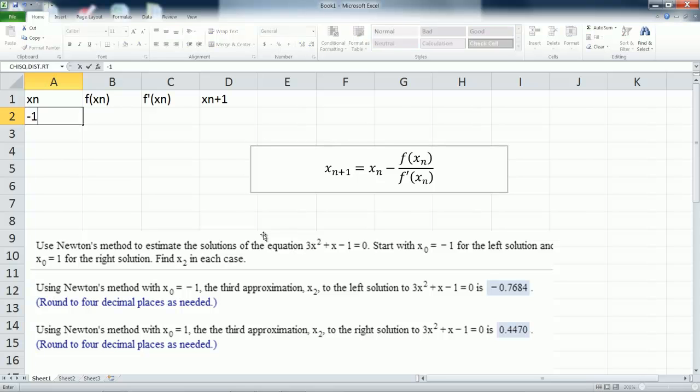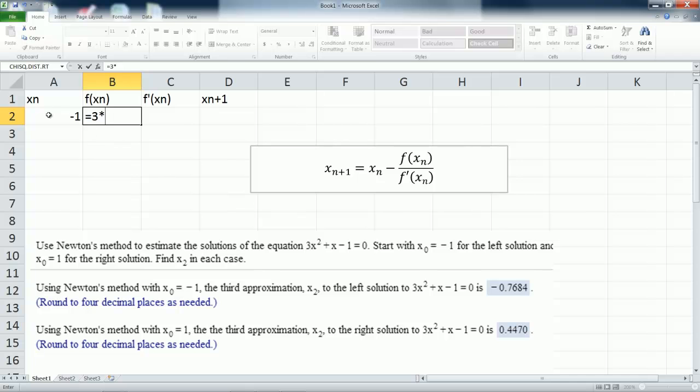It says use negative 1. So f of x sub n means just where you see an x in 3x squared plus x minus 1, to put a negative 1 in it. So what I'm going to do is actually use Excel to do the calculations for me. So start with an equal sign. Then I type 3 times x squared.